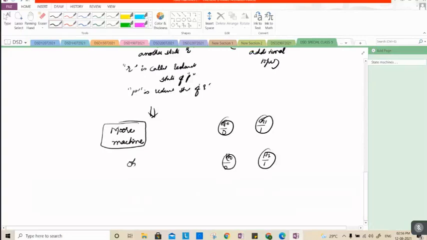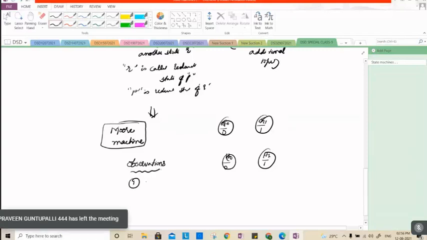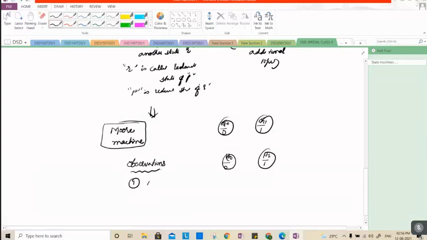Now what are our observations here? Are there any redundant states in this? No, sir. So no redundant states. Right. And here output is depending upon present state only.